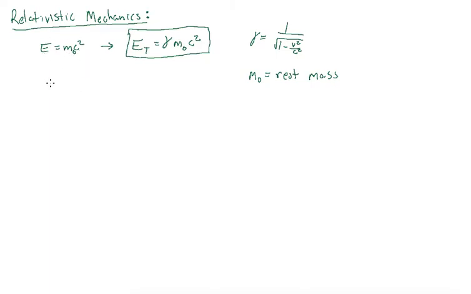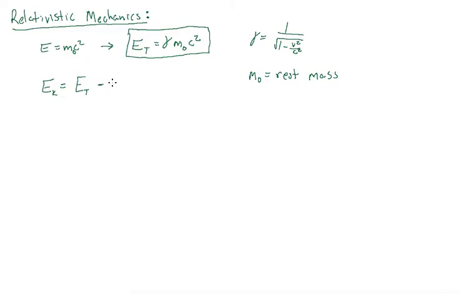So we could then say that kinetic energy, all right, relativistic kinetic energy, is equal to this total energy, which includes the energy while it's at rest and whatever energy is added on by this gamma factor while it's moving, minus its energy while it's sitting still.